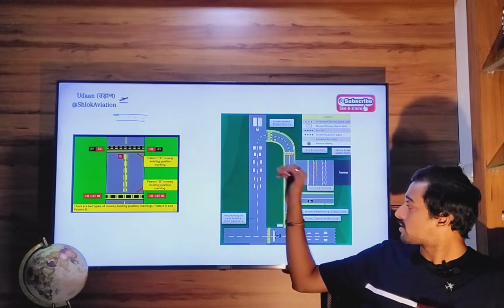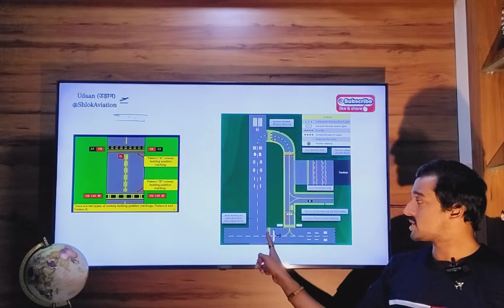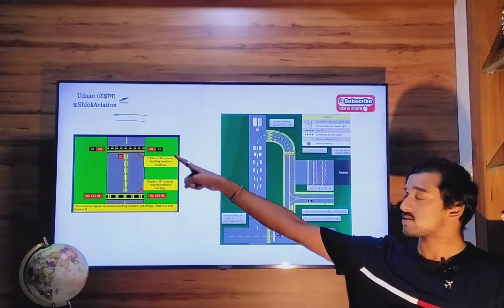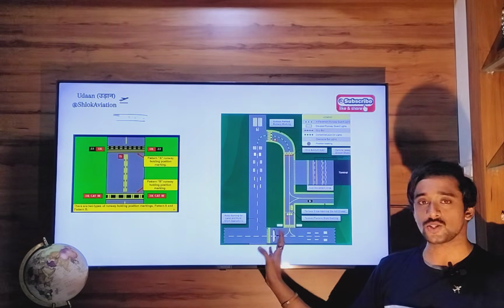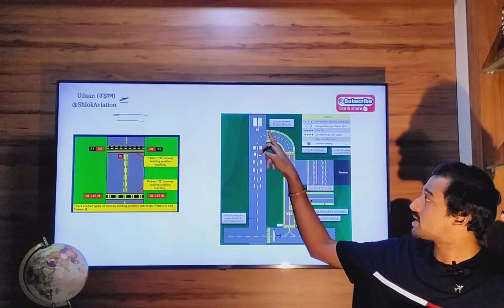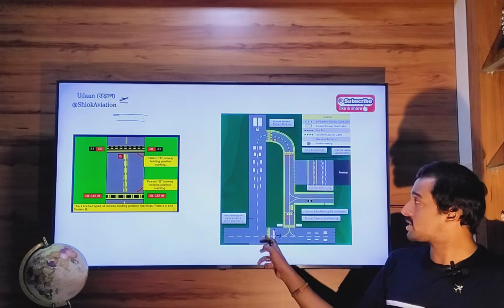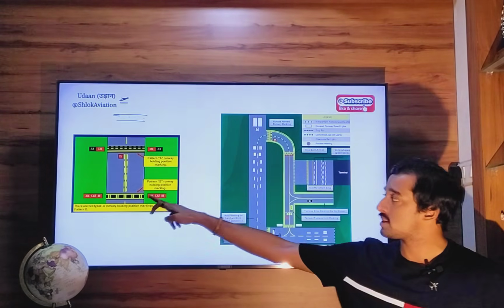So you can see this is the runway. Okay, here is the runway. Here is this holding point, same as that. So hold marking for land and hold short operations, or just holding point if you want to enter the runway. Similarly, here there is a holding point just like this if you want to enter the runway. There is another holding point here which is like this.